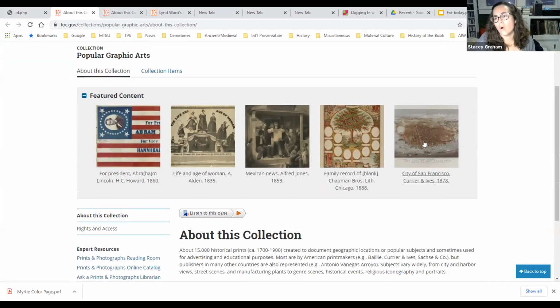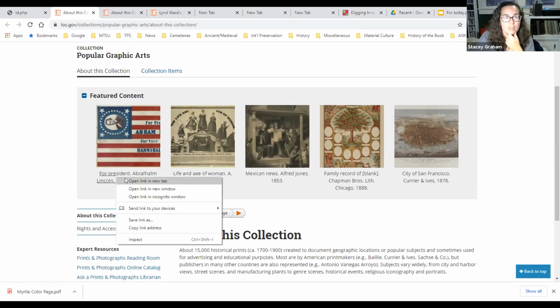And so, all the Currier and Ives posters that were extremely popular in the second half of the 19th century, you can see those here. You could talk about lithographs and, like I mentioned before, that different technology for graphic arts. Illustrations, things that showed up in broadsides and in newspapers.